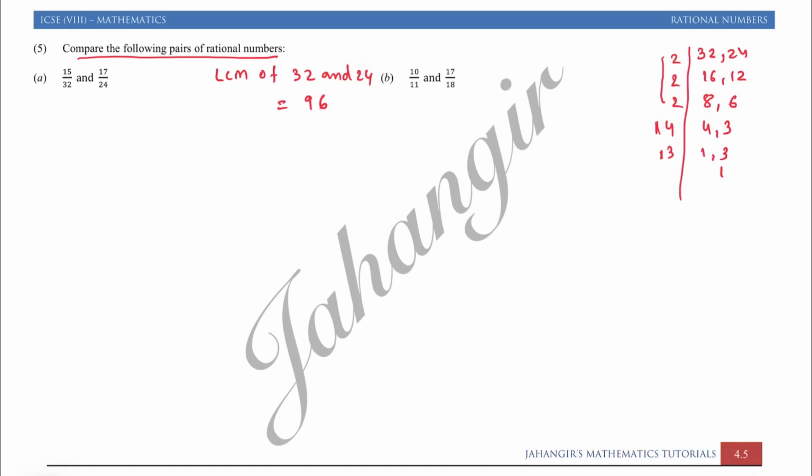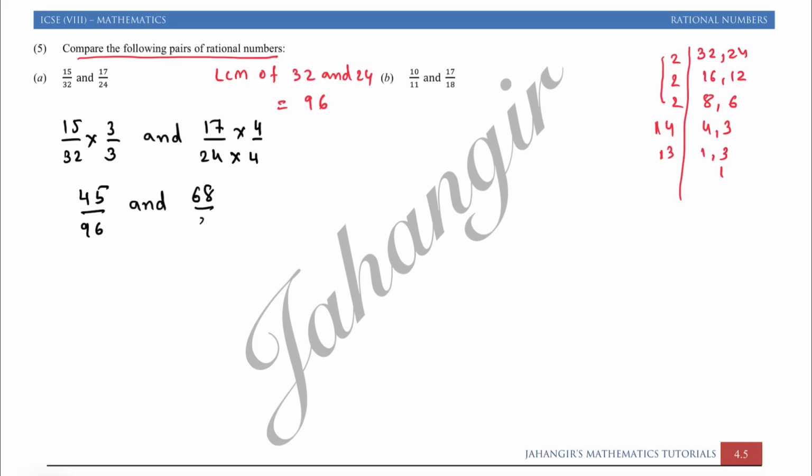Now we will make both denominators the same. So I will write 15 by 32, multiplied by 3 to make the denominator 96, and 17 by 24, 24 into 4, so we will multiply by 4. So 15 threes are 45 upon 96, and 17 fours are 68 upon 96.